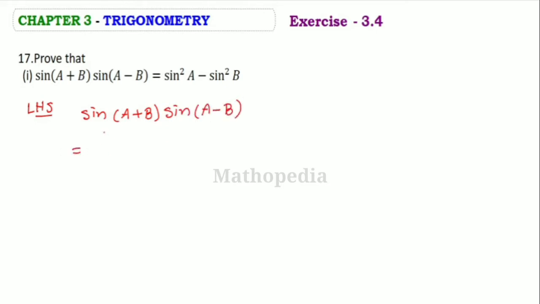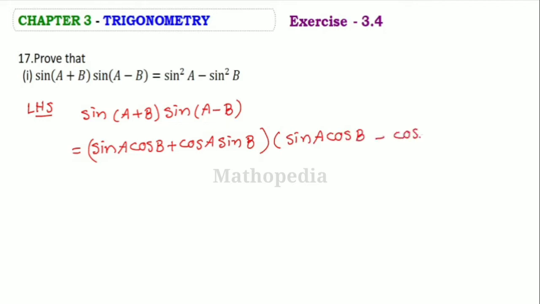This is equal to, now sin(A+B) is sin A cos B plus cos A sin B, into, similarly sin(A−B) is equal to sin A cos B minus cos A sin B. Now take sin A cos B as a and cos A sin B as b.